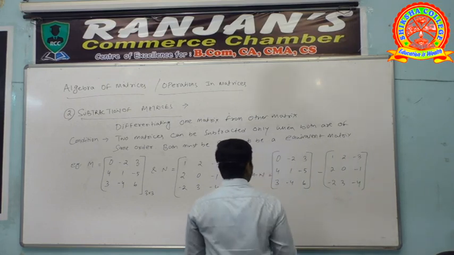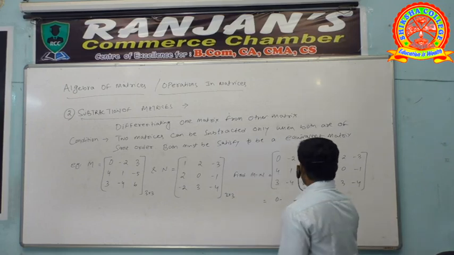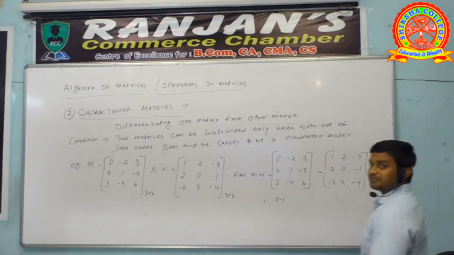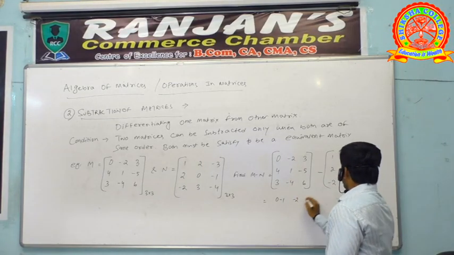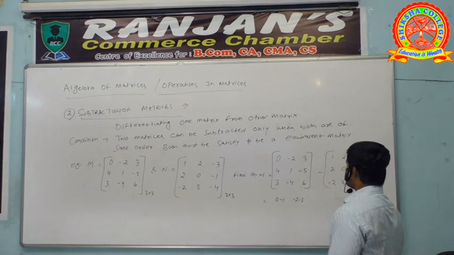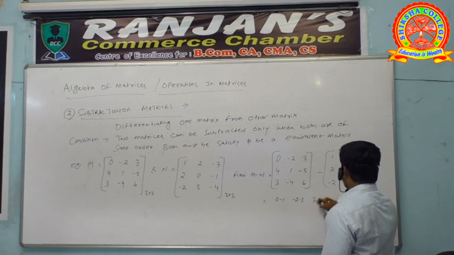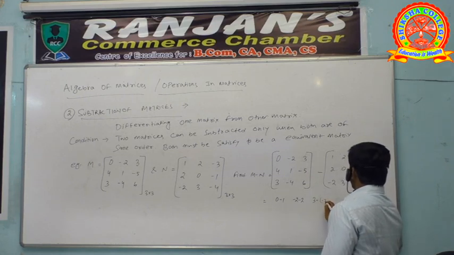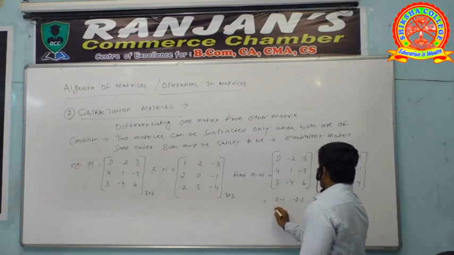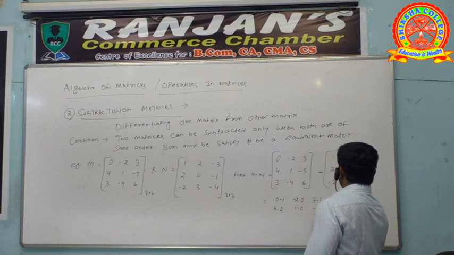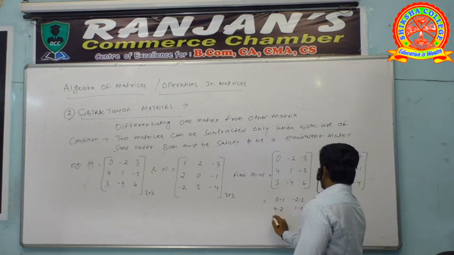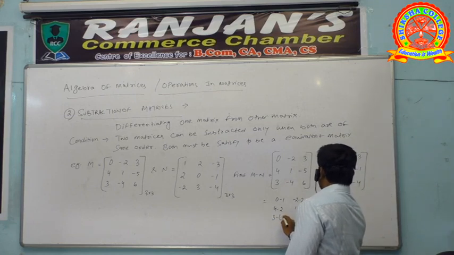So M minus N equals 0 minus 1, corresponding elements, then minus 2 minus 2, 3 minus minus 3, then 4 minus 2, 1 minus 0, minus 5 minus minus 1, 3 minus minus 2.